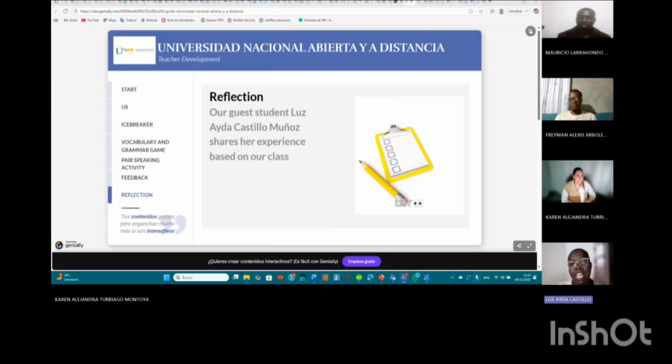Thank you, guys. I really appreciated how the class was structured, starting with an icebreaker, followed by clear practical examples using the verb to be, colors, and animals, and then group activities that encourage participation. The teachers managed to integrate different strategies that promote interaction, pronunciation, and vocabulary use.